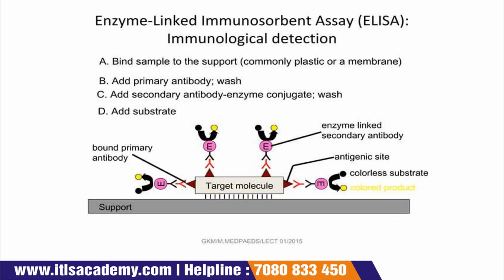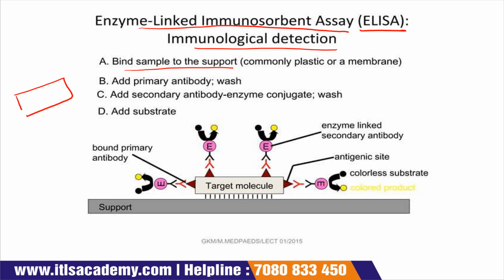Now the second one is ELISA, called enzyme linked immunosorbent assay, an immunological detection. Here, first the sample is bound to a support. Suppose this is your support and we add the sample here.